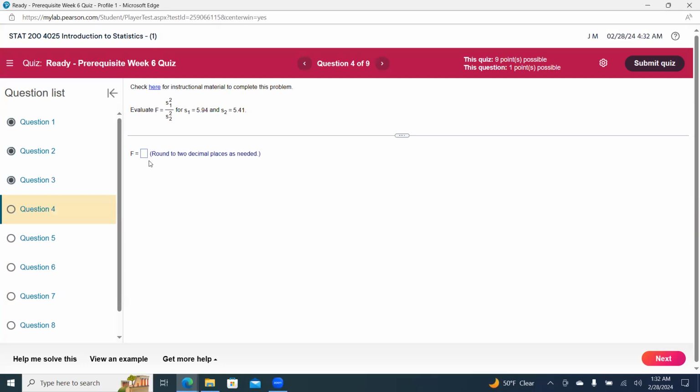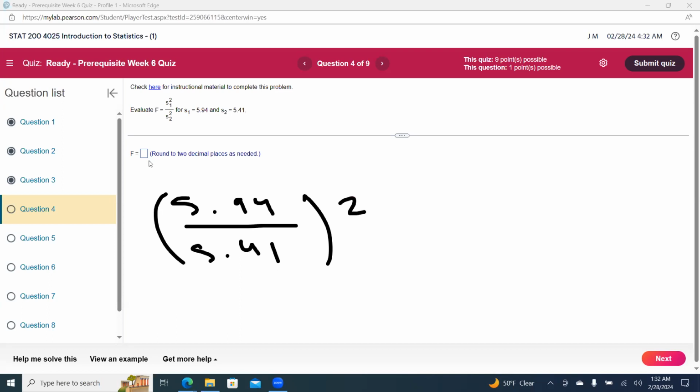So F means do that. It's 5.94 squared divided by 5.41 squared. We don't need any fancy algebra, absolutely not, but it's also 5.94 over 5.41 quantity squared.